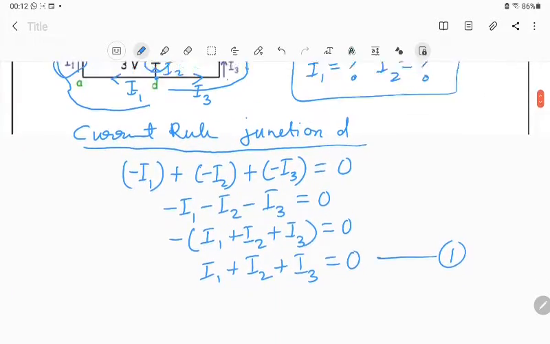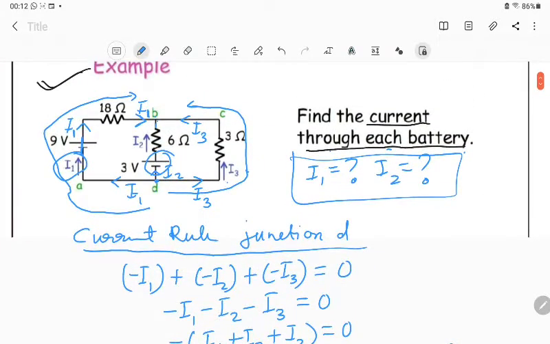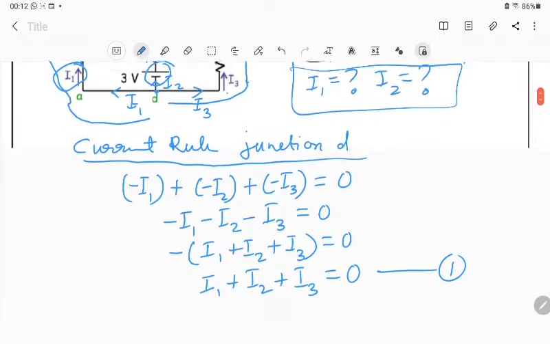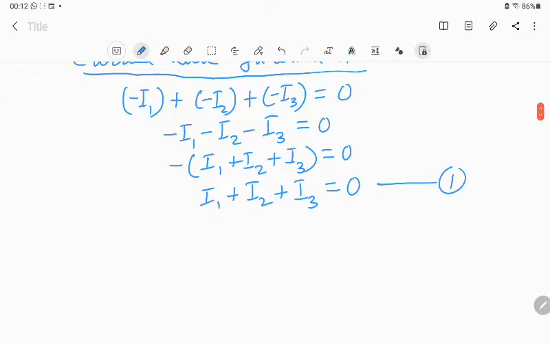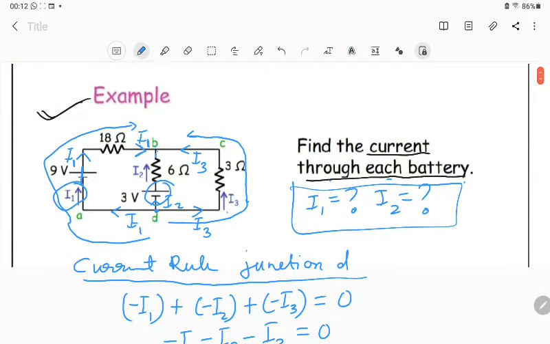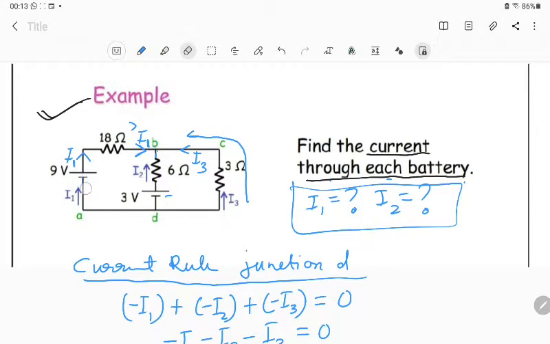Now next, we have to apply the voltage rule, Kirchhoff's voltage rule. First I will clear all this. Now you know where the current is flowing.